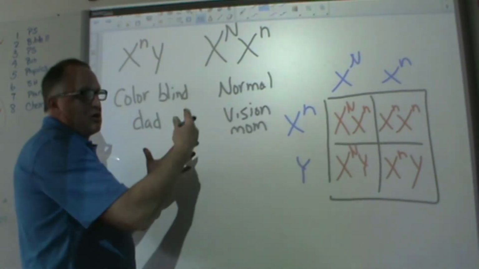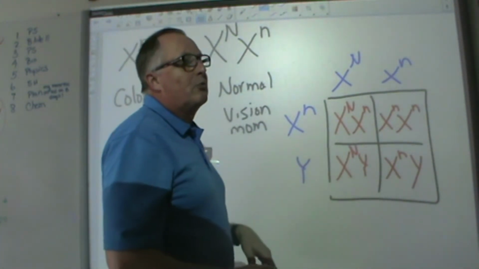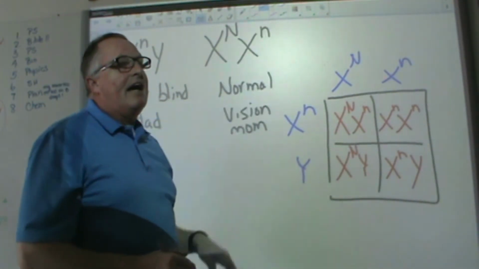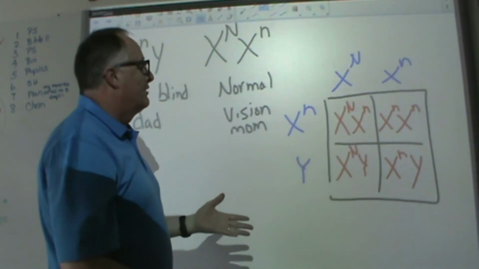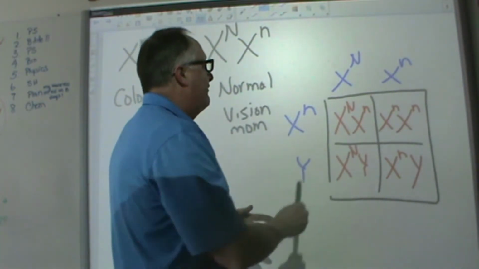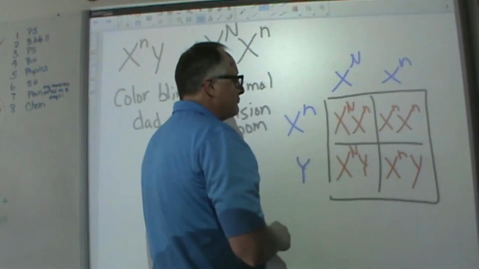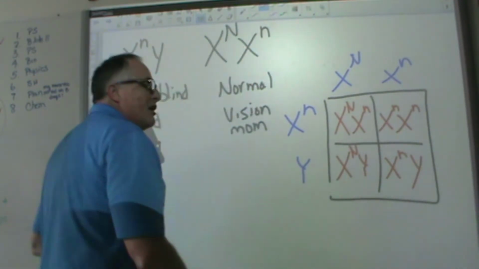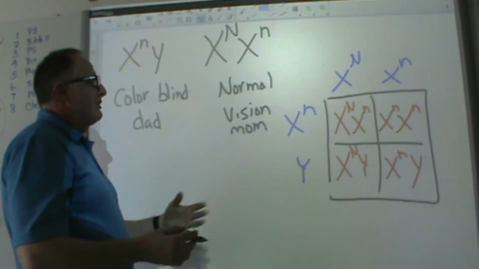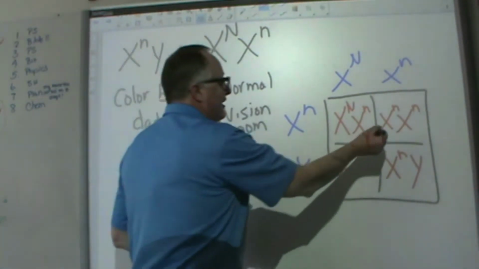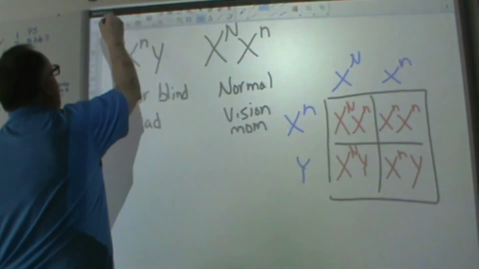If parents were like insects or something, and they could have 1,000 offspring, then it would work out to these proportions. Half of the females would be colorblind and half of the males would be colorblind. But in the size of our families, it's just very random how it can be. But this is a case where you can have a colorblind daughter.